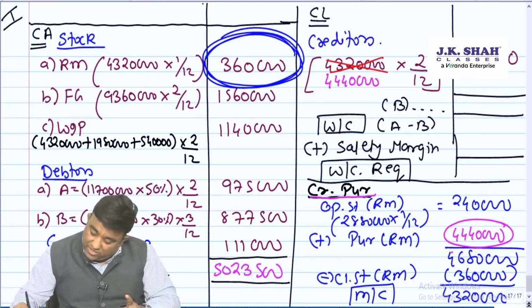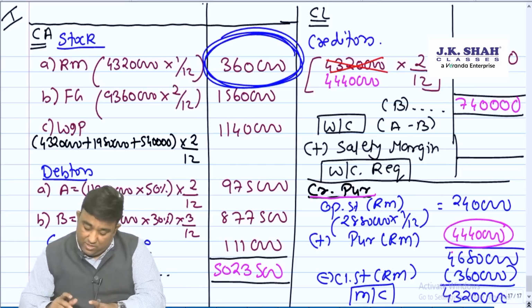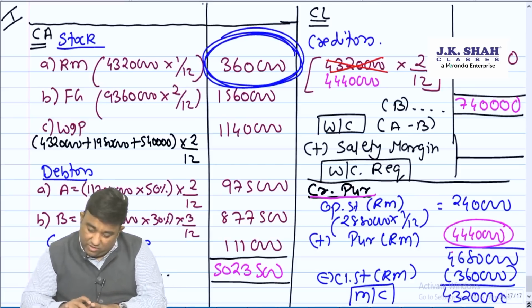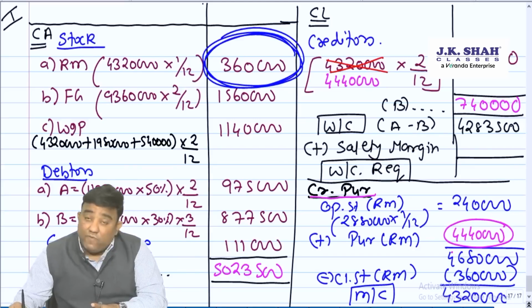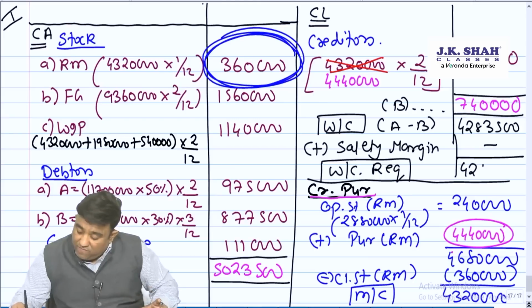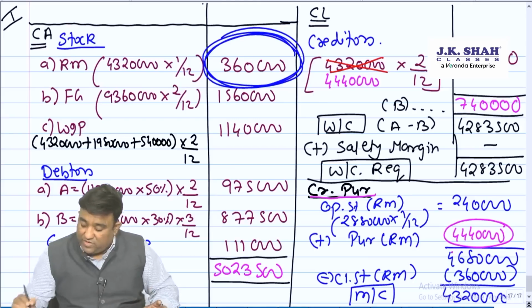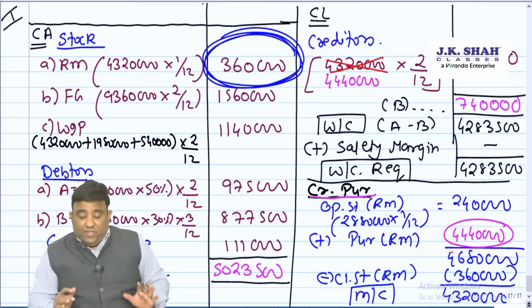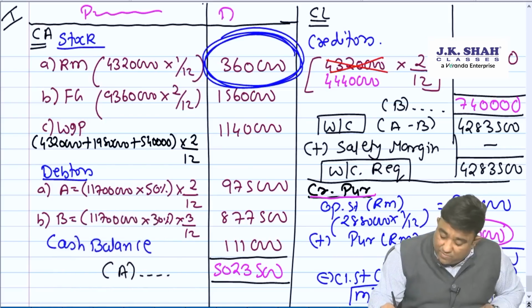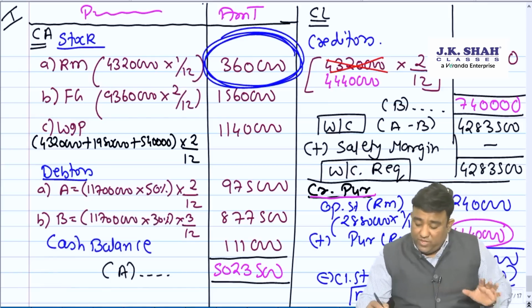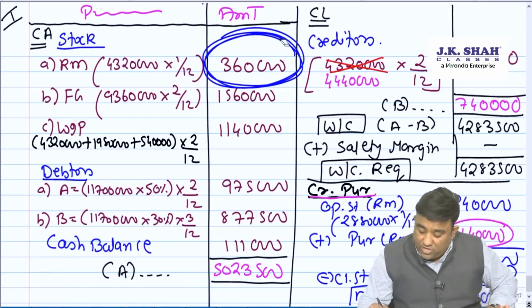And yes, the total is again 740. Can I have the working capital ready? Minus 50 lakh 23,500. It is 42 lakh 83,500. No safety margin prescribed, 42 lakh 83,500. First answer, that is statement showing working capital requirement, particulars, amount rupees, and the table is absolutely ready.